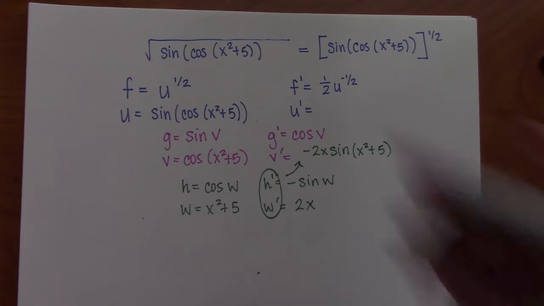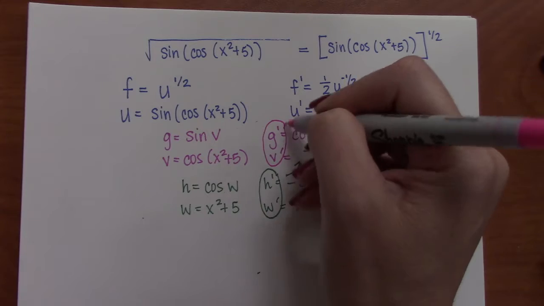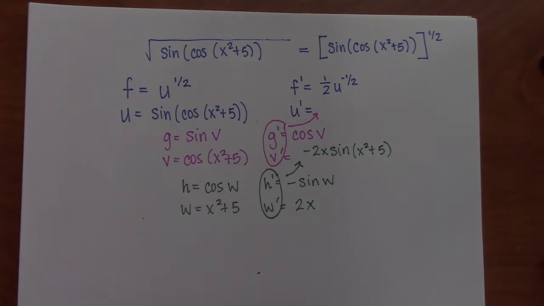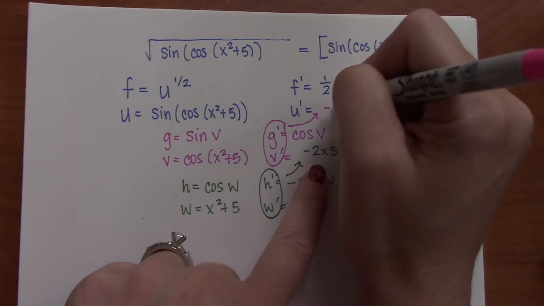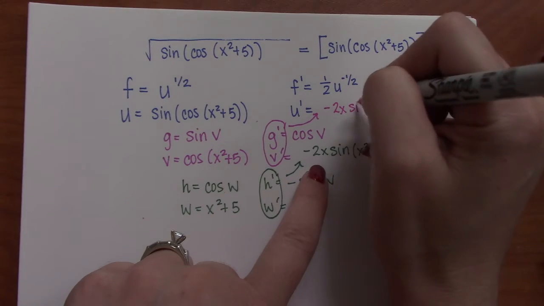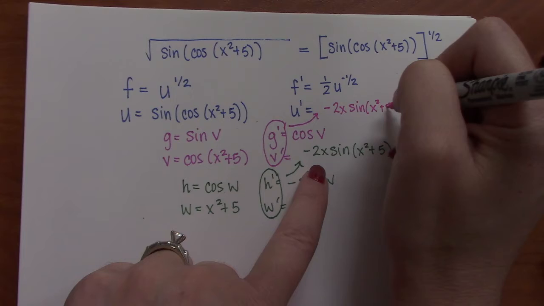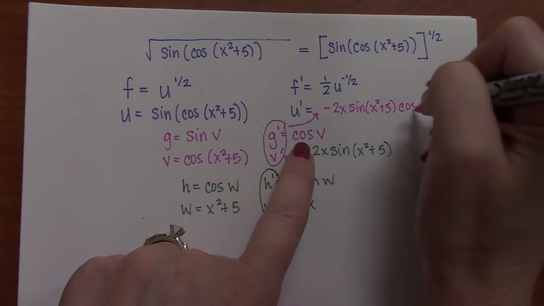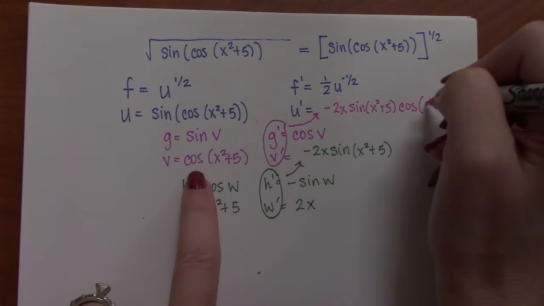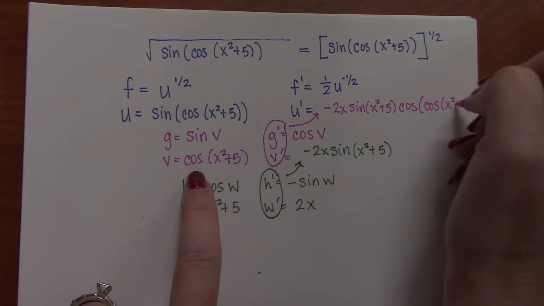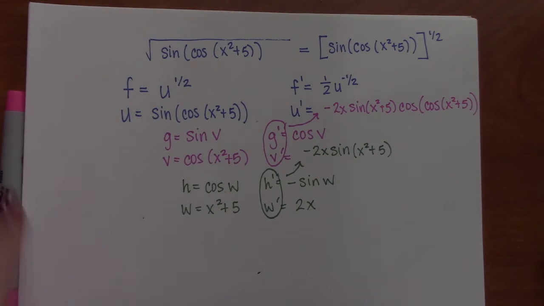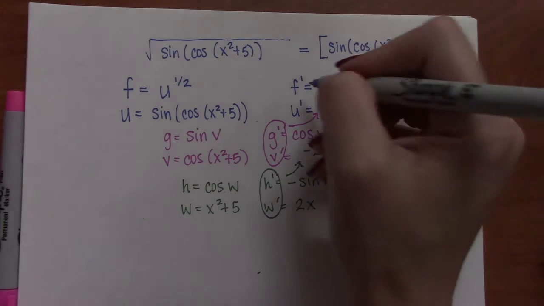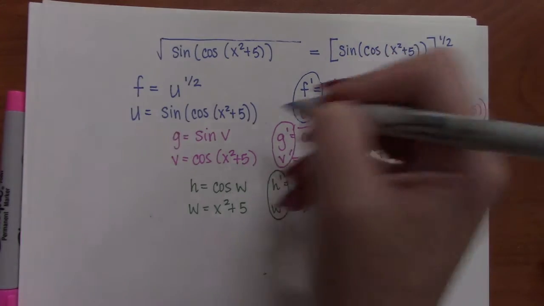Then this times this gets me to there. So I'm going to say, negative 2x sine of x squared plus 5 times cosine of v, and v was cosine of x squared plus 5. And now, to get my final derivative, it's this times this.